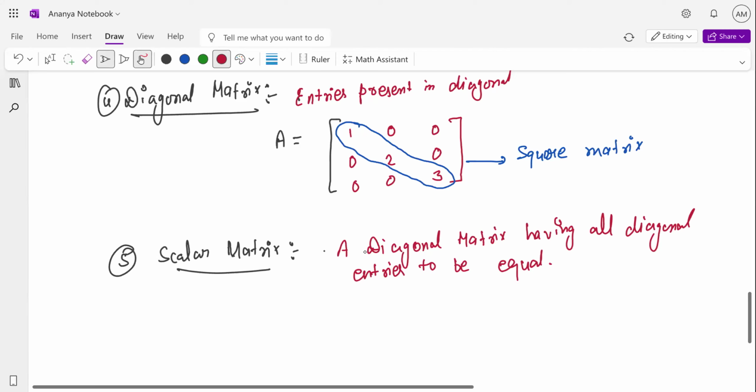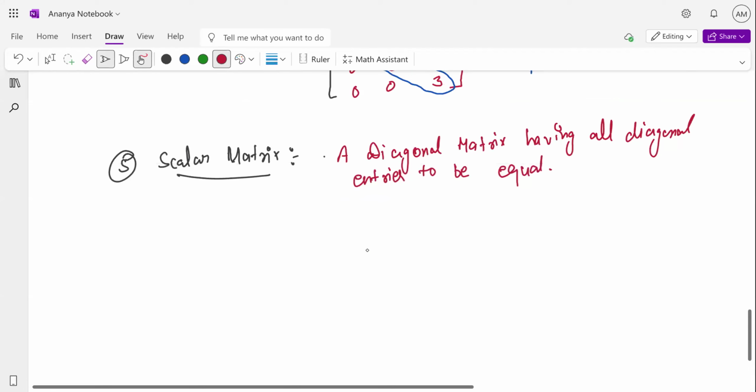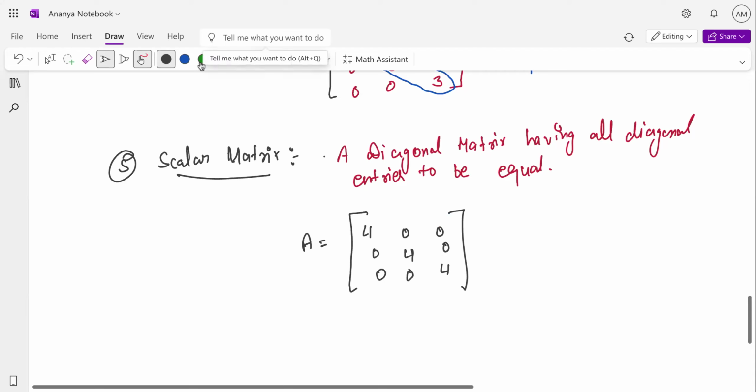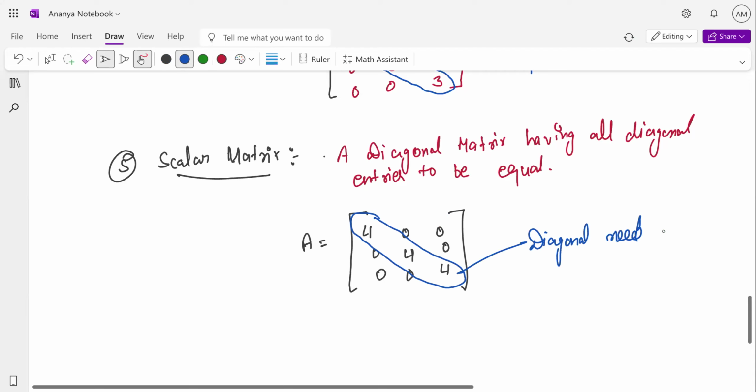It's a type of diagonal matrix, but all the elements of the diagonal need to be equal. For example, 1 1 1 and 0 0 0 0 0 0. You can put 4 also. Whatever you want, just the diagonal should be the same.